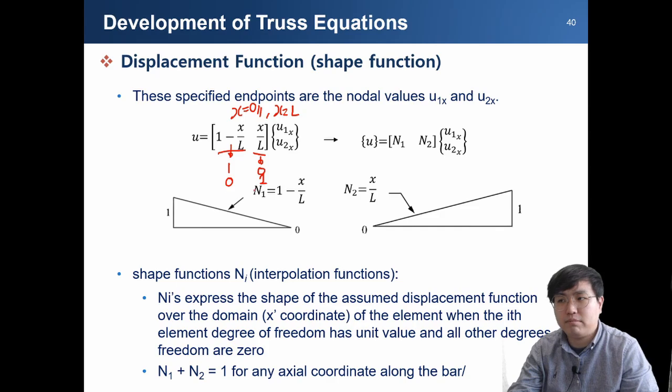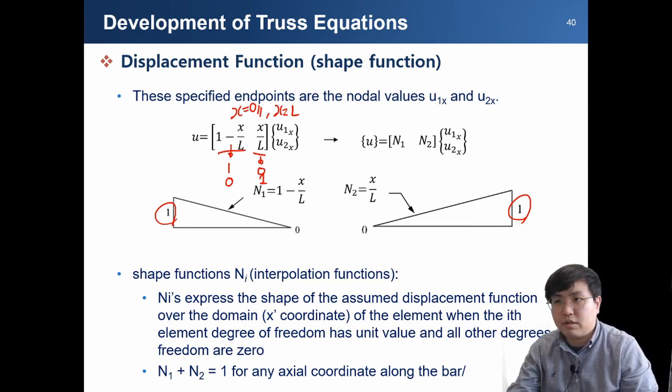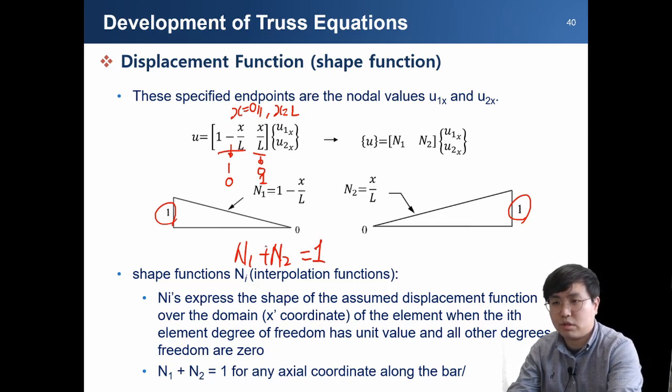So they have one characteristic: at each nodal point, the corresponding shape function takes the unit value. And the second characteristic is that the summation of N1 and N2 always equals 1, not 0, equal to 1. This is the second characteristic of our shape functions in the FEM simulation.